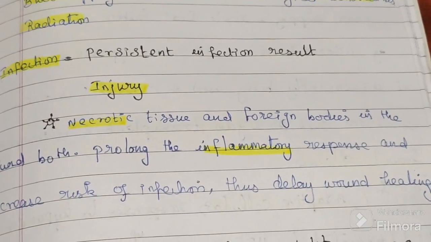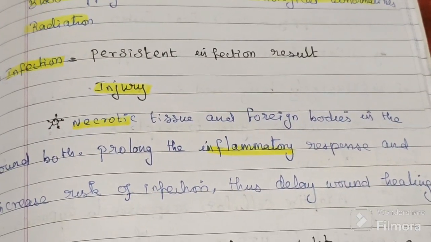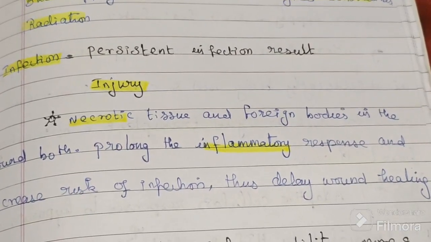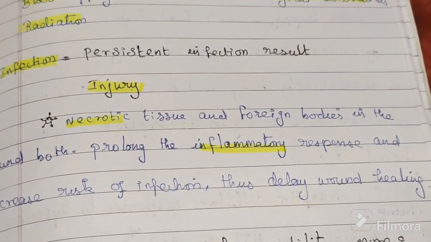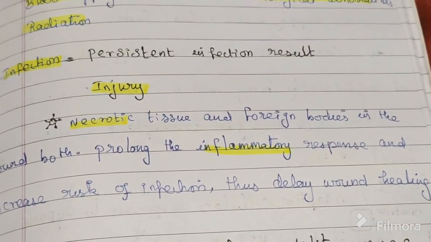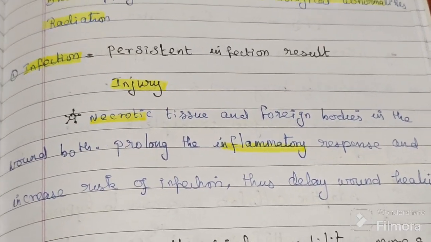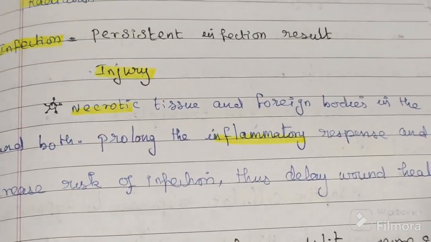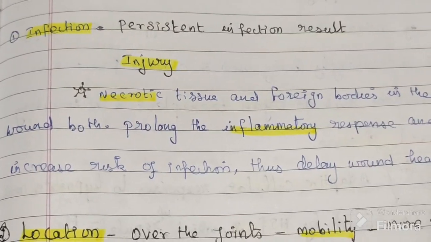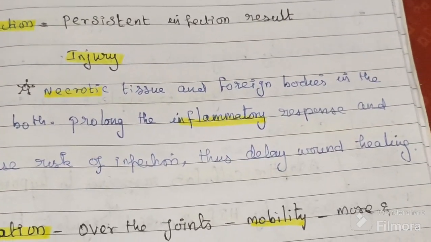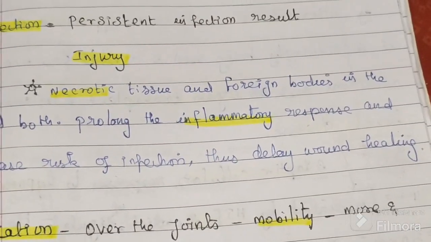Apart from persistent inflammation, the injury itself persists, so that's the reason for delay in wound healing. Necrotic tissue and foreign bodies in the wound both prolong the inflammatory response and increase the risk of infection that delays wound healing.